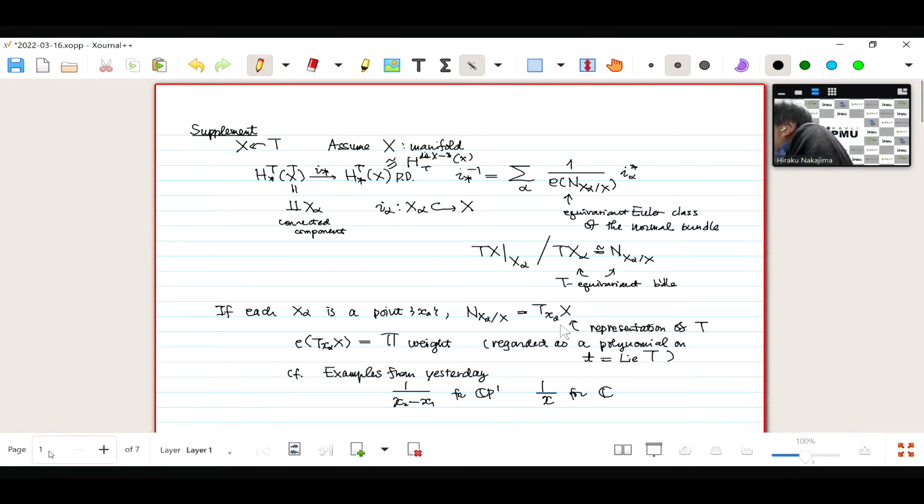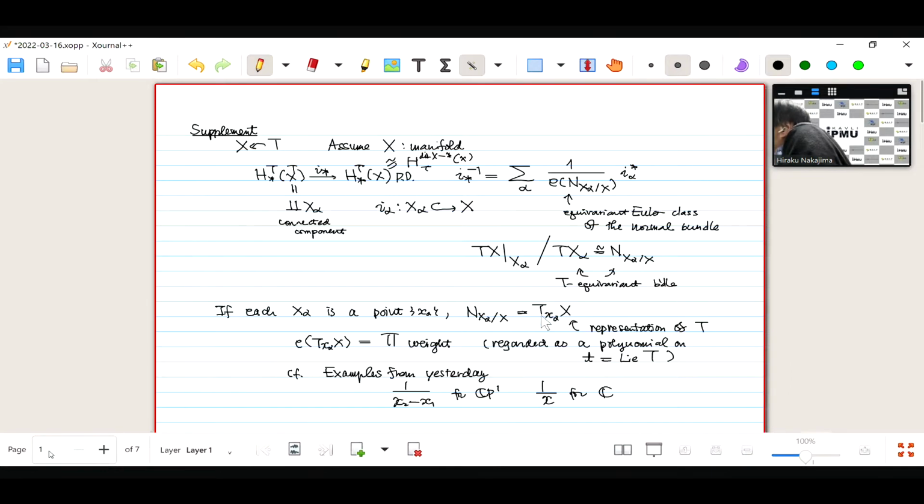Since X alpha is a point, this is just a vector space with T action. So you can consider this as a representation of T. Then the equivariant Euler class of this tangent space is the product of weights.